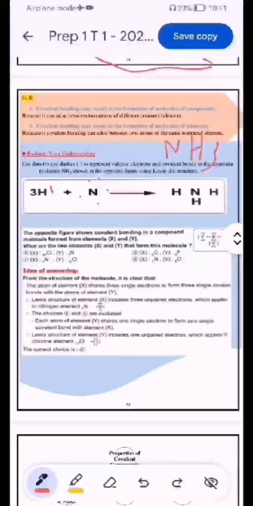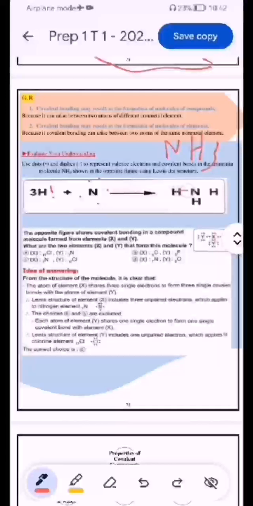As we said before, it contains 5 electrons. So we have 3 unpaired. Each one of them needs 1 electron to complete its outermost shell. So we need 3 atoms of hydrogen, because one of nitrogen's electrons is shared with one hydrogen, another with the other atom, and another with the third atom.